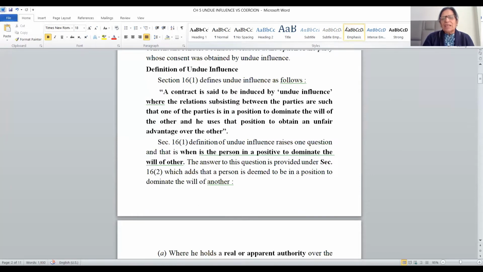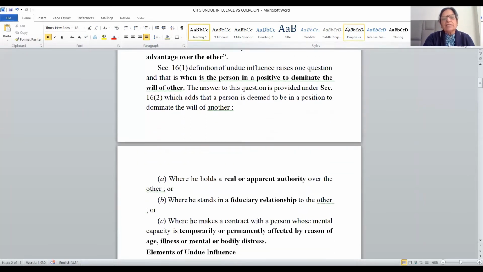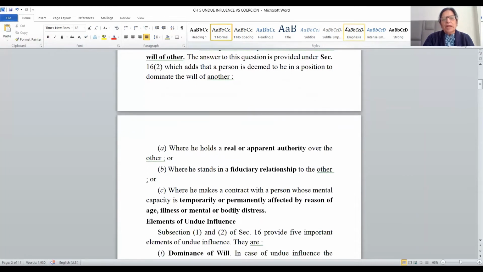And now the question arises, when is the person said to be in a position to dominate the will of the other? So friends, these cases have been provided under section 16, subsection 2. I'm going to take up these points. The very first point is where he holds a real or apparent authority over the other.